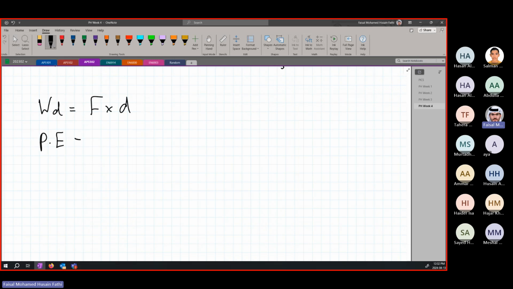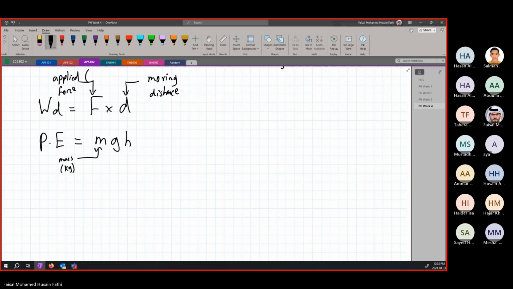Potential energy is equal to mgh, where m is the mass for potential energy, in kilograms, and the applied force here is going to be in newtons, and the distance is in meters.